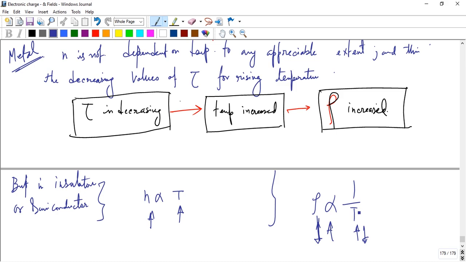Temperature is also directly proportional to the number of free charge carriers per unit volume.